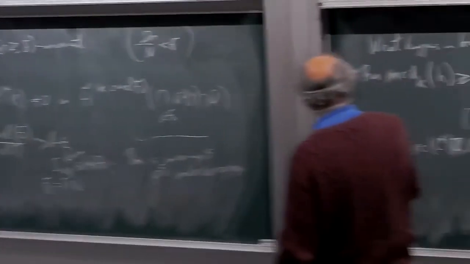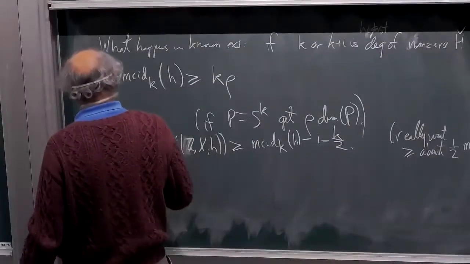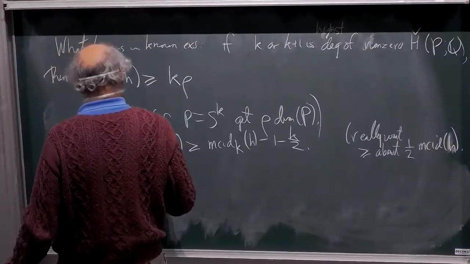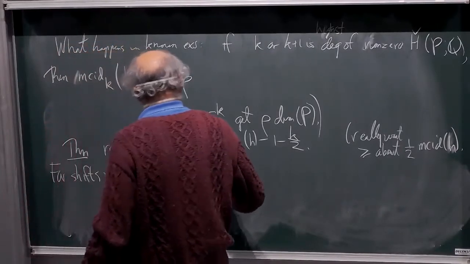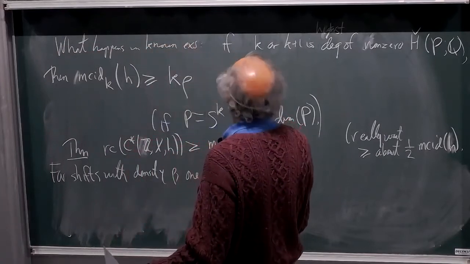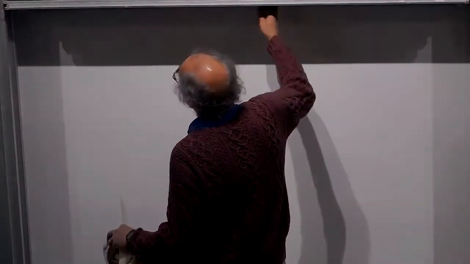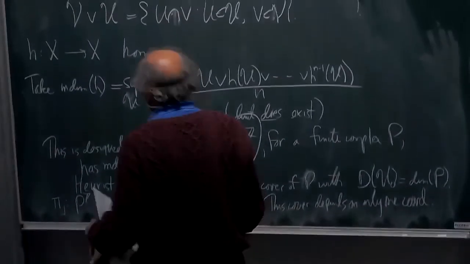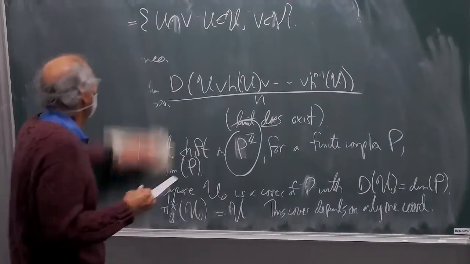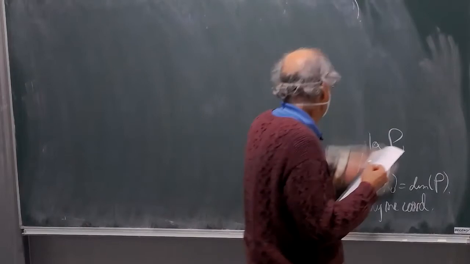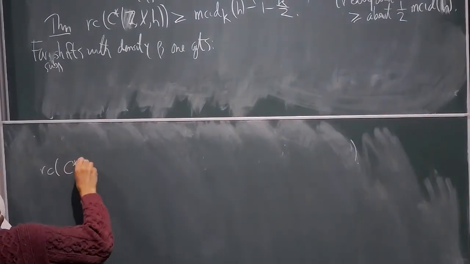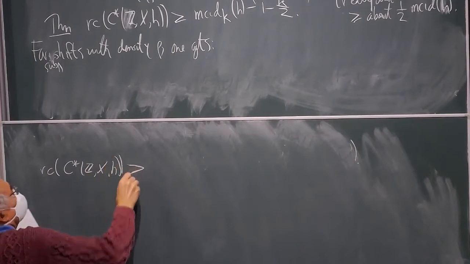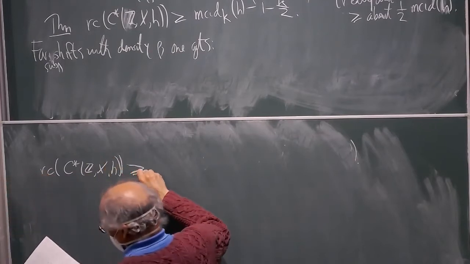And so in the subshifts with density rho, one gets RC of the cross product is bigger than or equal to, what was the formula we got?